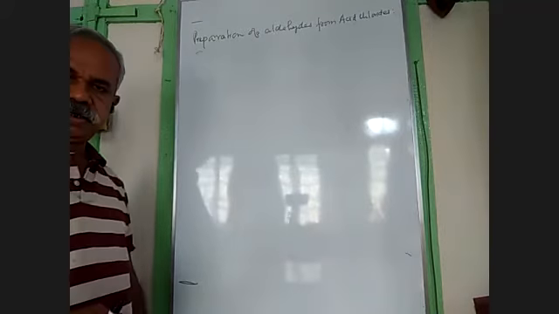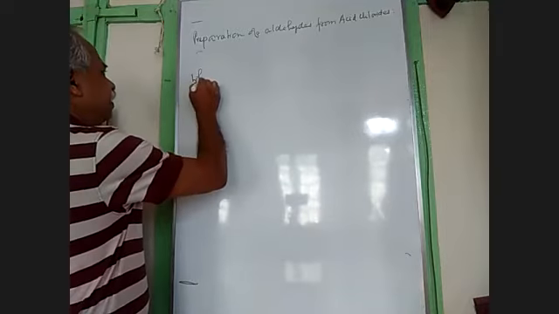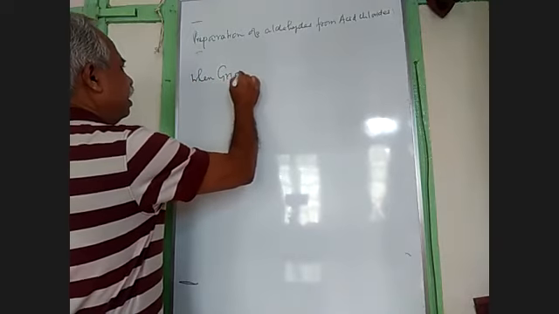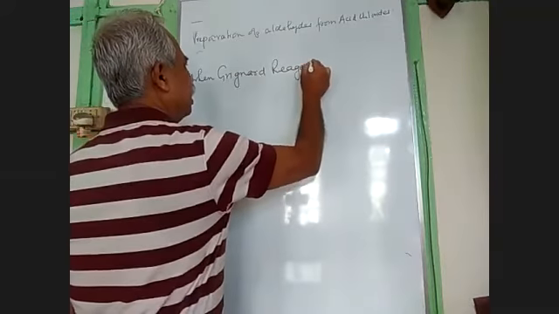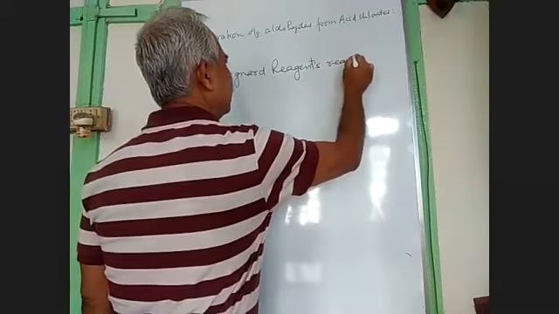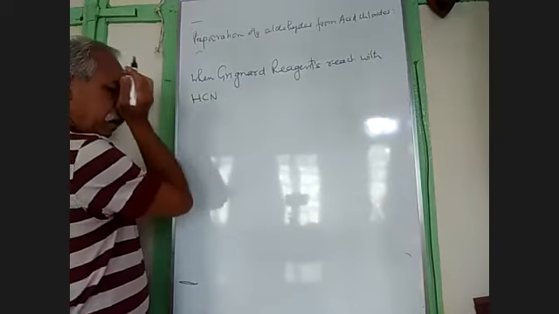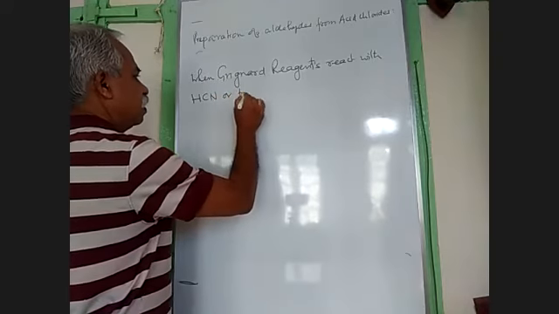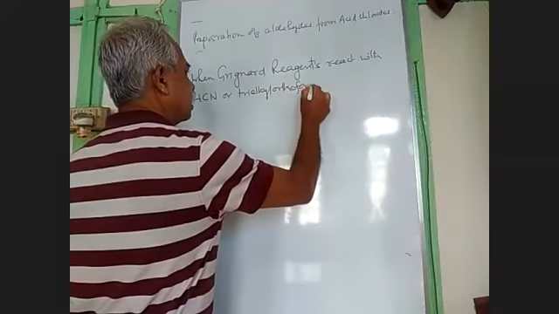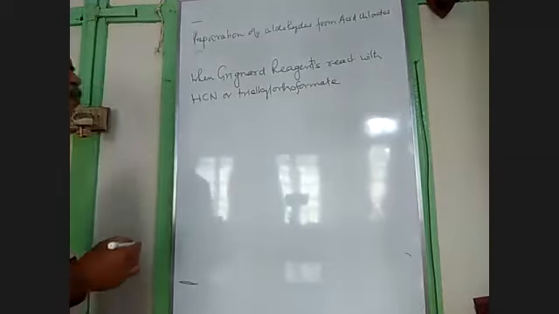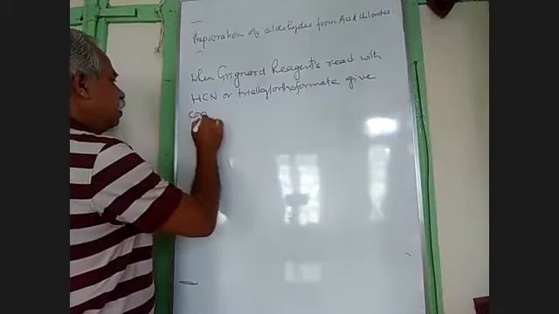Then you write aldehyde. When Grignard reagent reacts with hydrogen cyanide or triethyl orthoformate, this is only for entrance, triethyl orthoformate gives corresponding aldehyde.